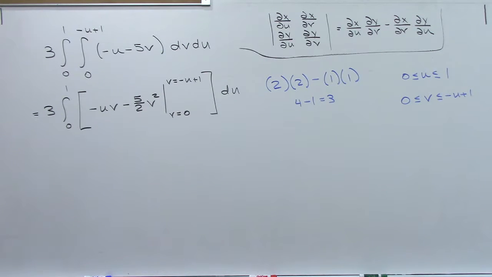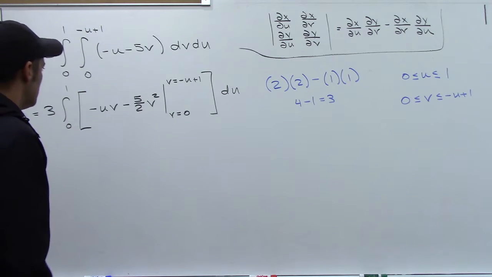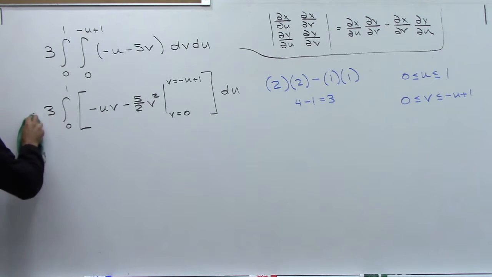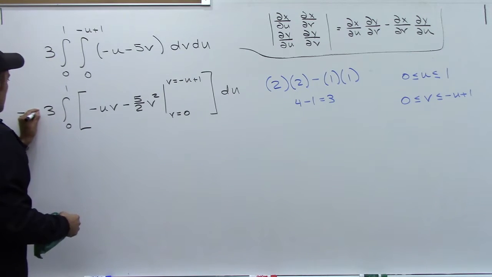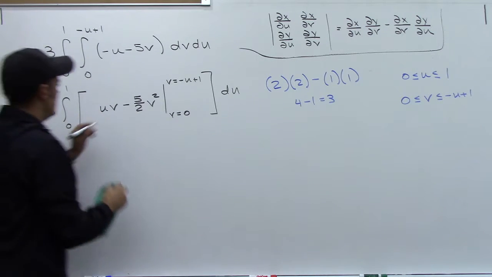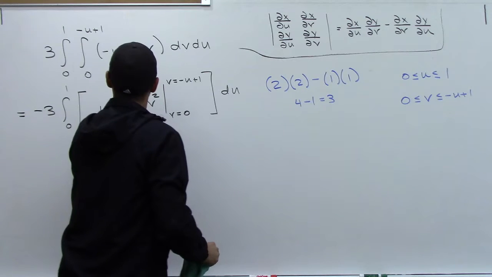And now I just replace. I think I'll do something else also while I'm here. These are both negative, so I'm pulling negative out, make this a negative 3, make that positive, make this positive.